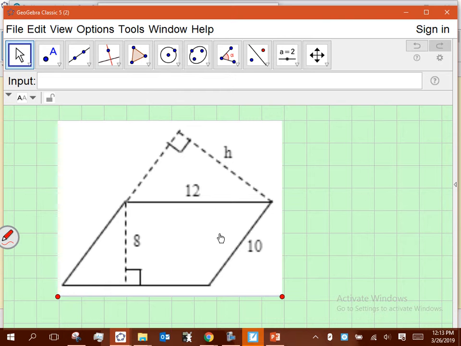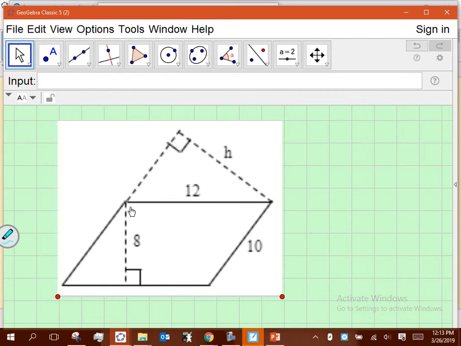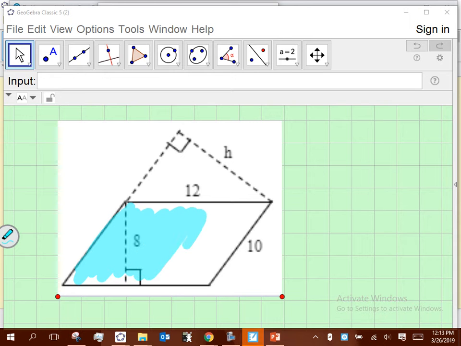They want you to find the area of the parallelogram, which is going to be, hopefully we all realize this, the solid lines, right? The shape made by the solid lines.